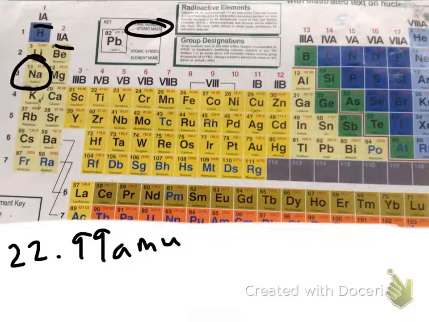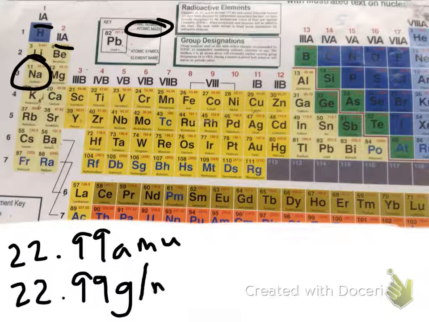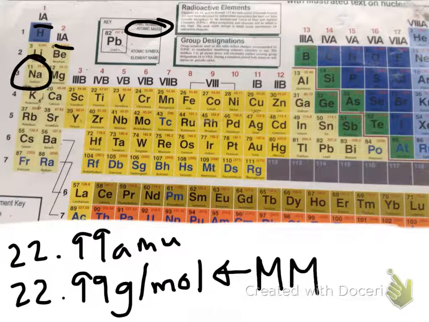Well, if we have 6.02 times 10 to the 23rd atoms of sodium, if we have 1 mole of sodium, all of those atoms together, if we add them all together, they would have a mass of 22.99 grams per mole. And this is their molar mass. So the molar mass of a single element can be found on the periodic table.